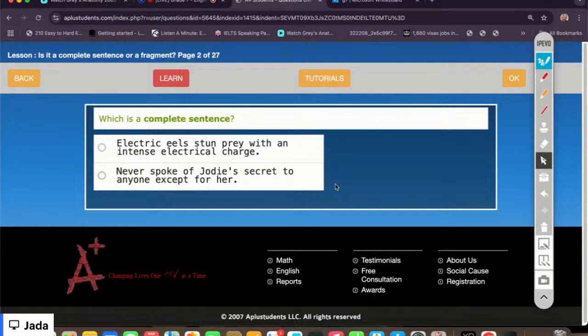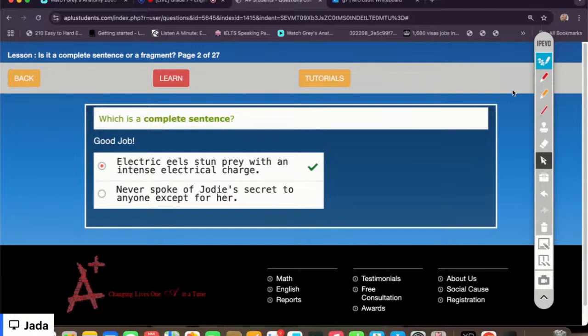All right, so the first one is the complete sentence.